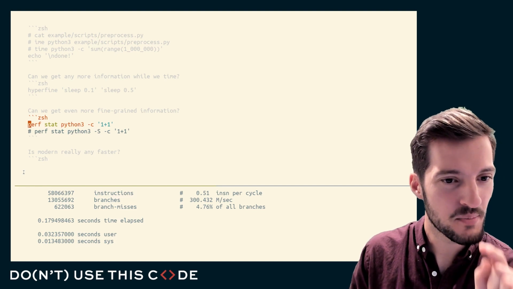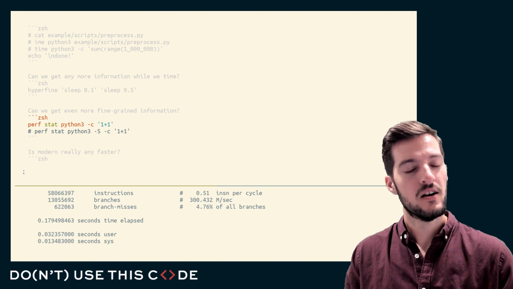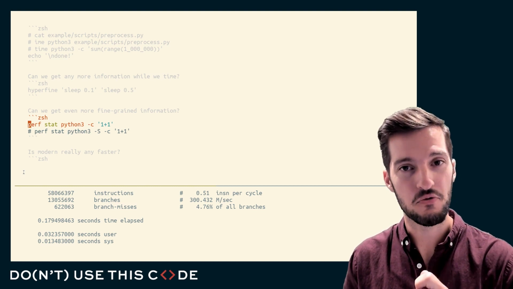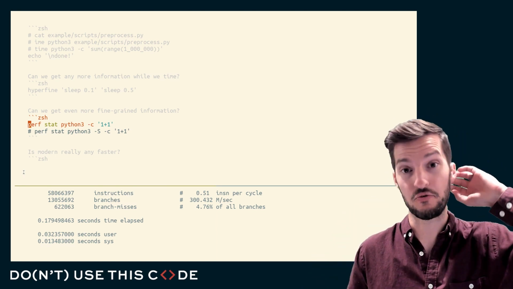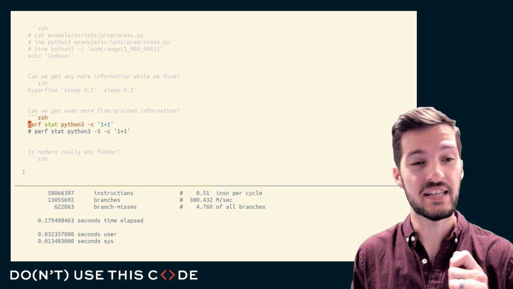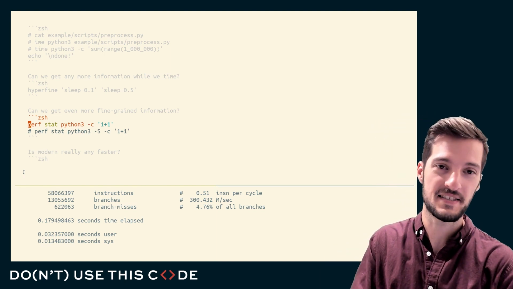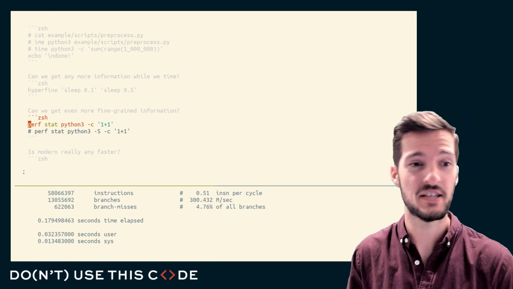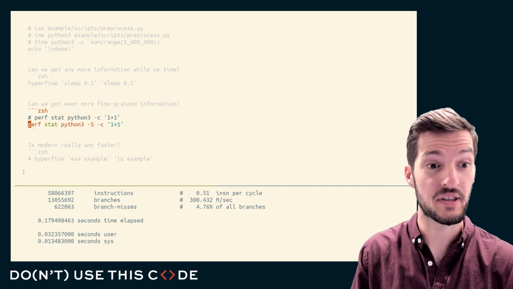All we did was python3 -c 1+1. Okay, the thing about perf is that it's not great for testing very high-level scripts or high-level programming languages in general, because you're very far away from the metal, and perf tests very close to the metal. If I was testing something written in C or C++, we would have much better control over all of the output that perf has.